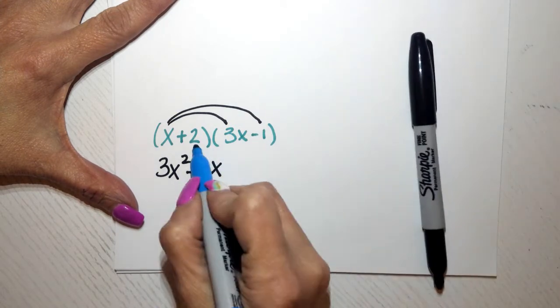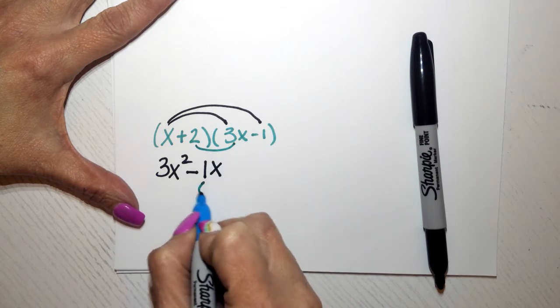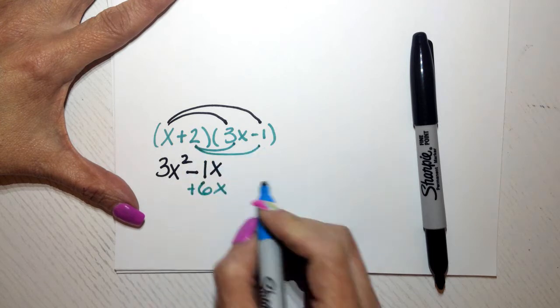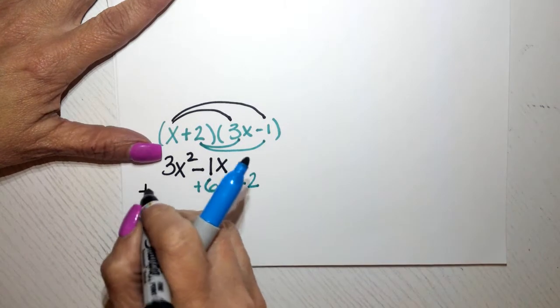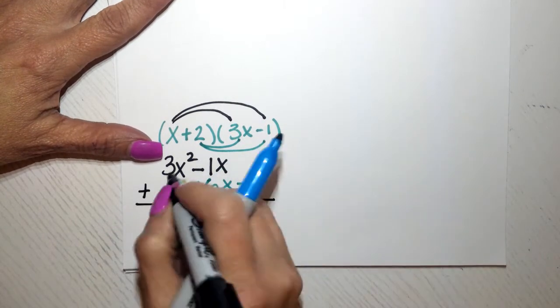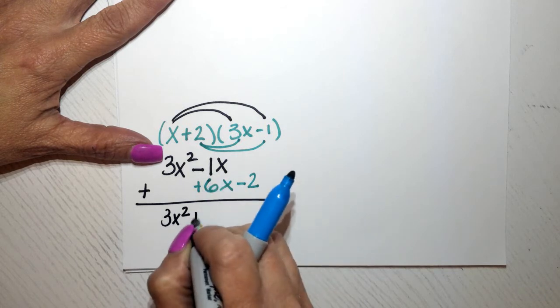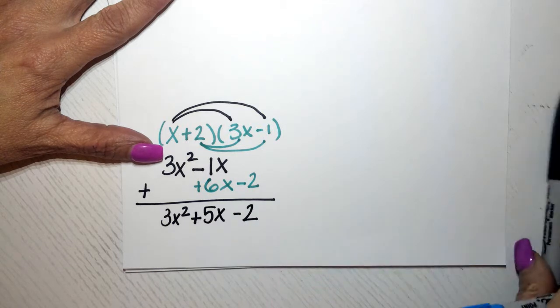Then 2 times 3 is a positive 6x. Then 2 times negative 1 is negative 2. We would draw the line and add it up. This would be 3x squared, 6 minus 1 is a positive 5x, and then negative 2.